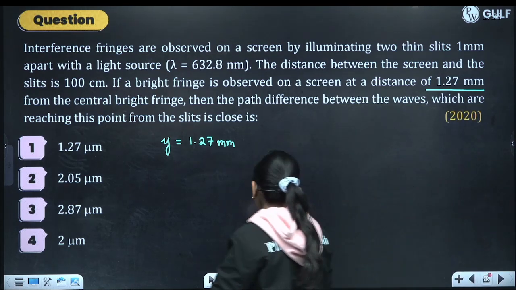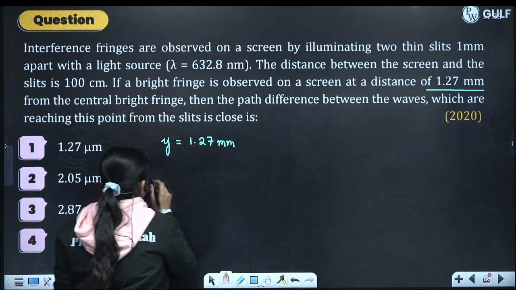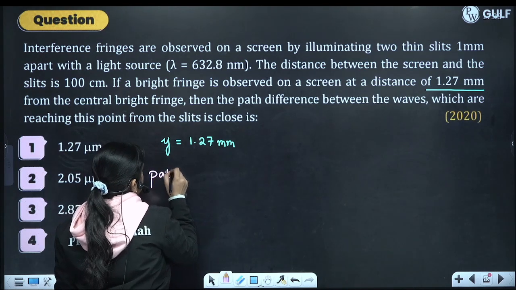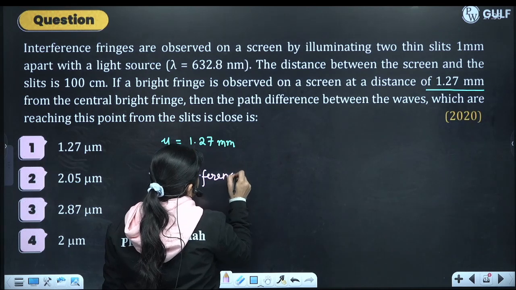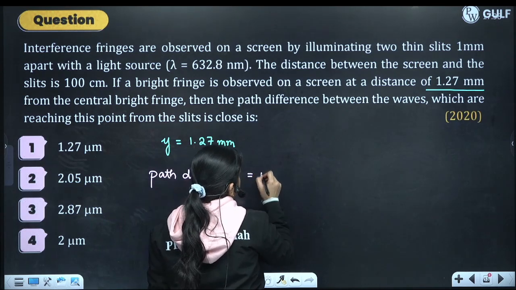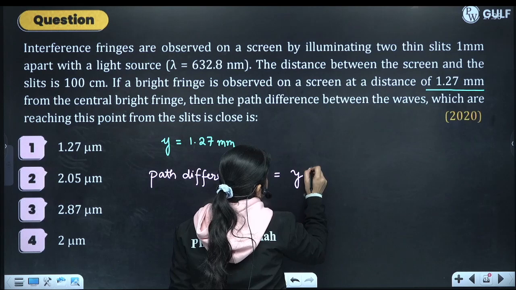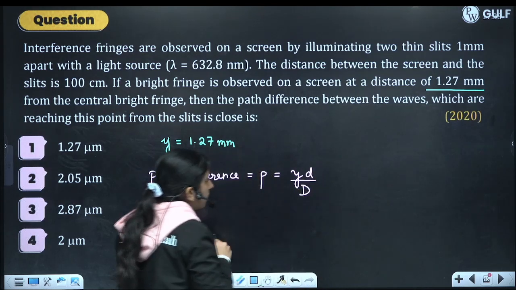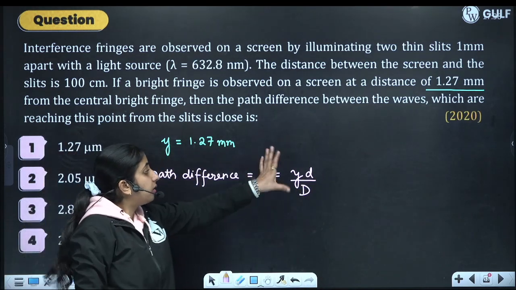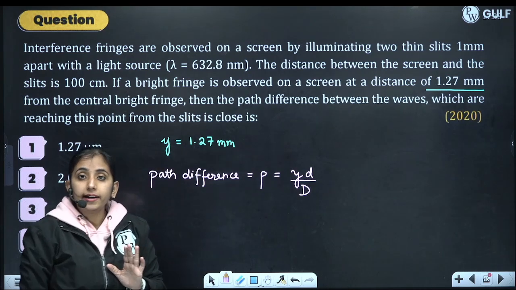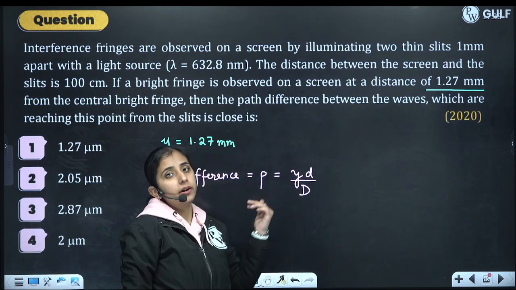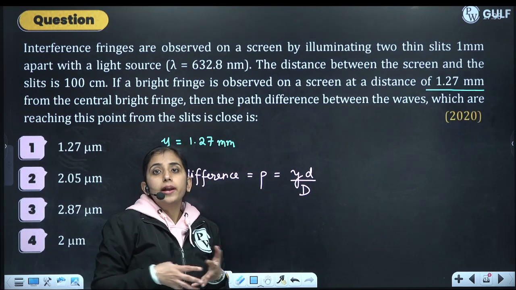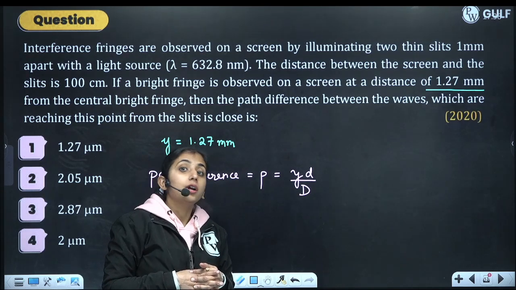Path difference at any point in interference comes out as Y d by D. Then we keep it equal to n lambda for a bright fringe, and to (2n plus 1) lambda by 2 for a dark fringe.